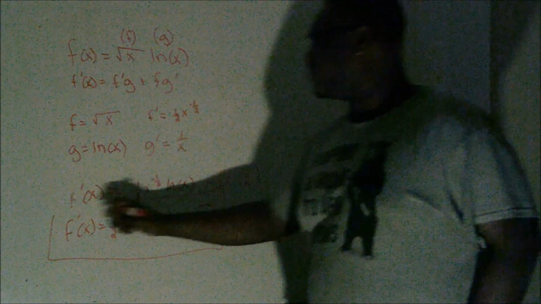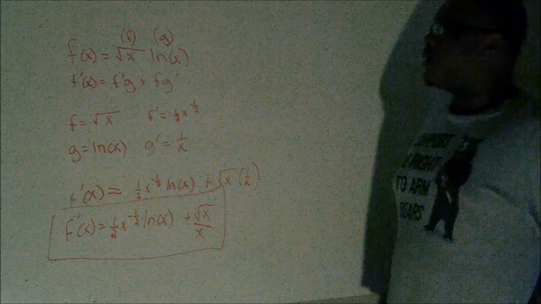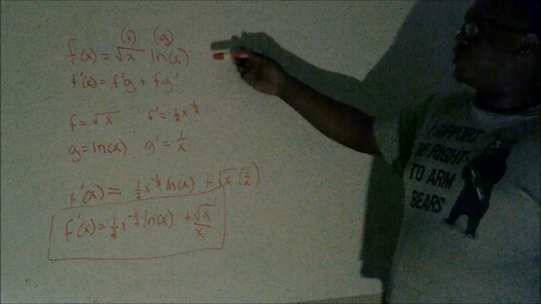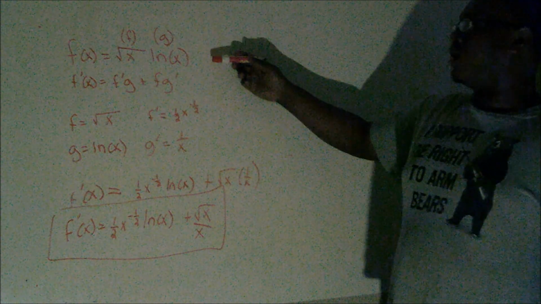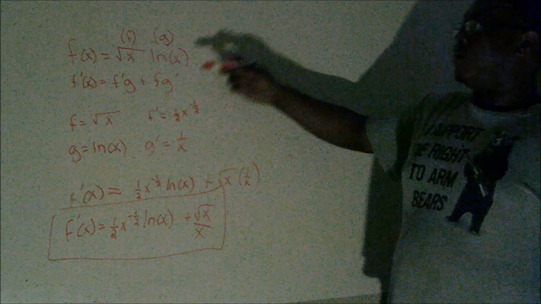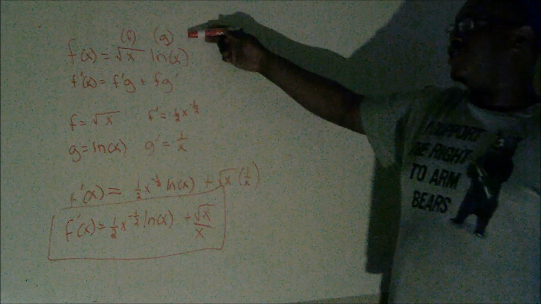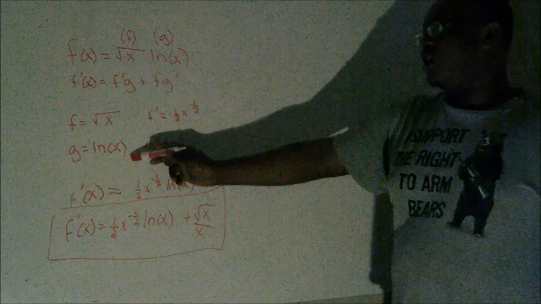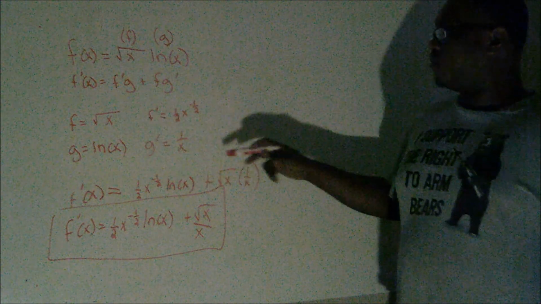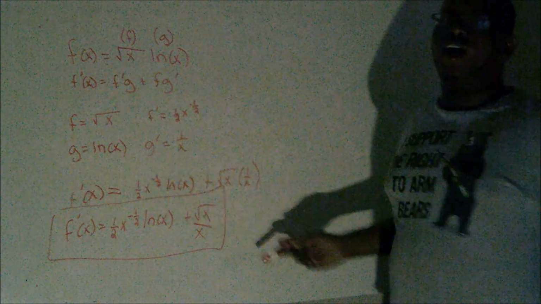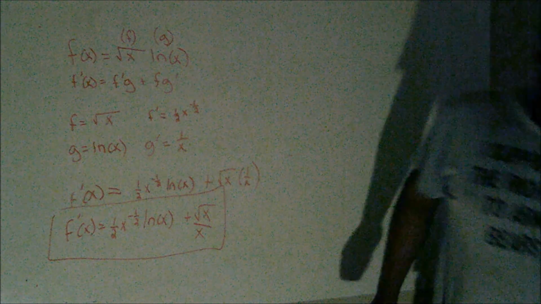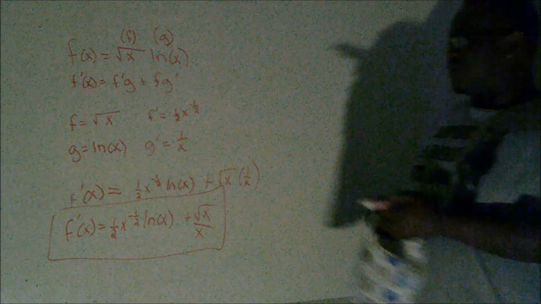Simple enough. So another recap: we looked at the function, determined that it was a product of 2 functions, wrote our product rule, defined our f and g, solved for f prime and g prime, plugged it back in, and got an answer. Simple as that. Alright, so let's go ahead and look at our next example.